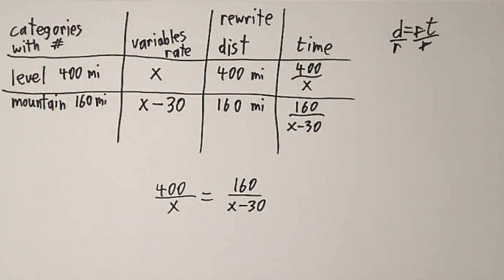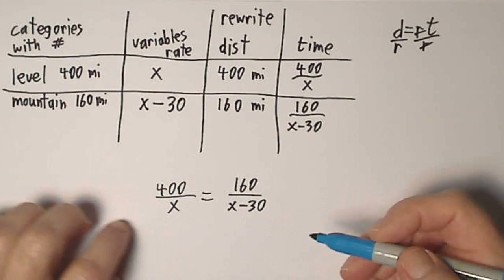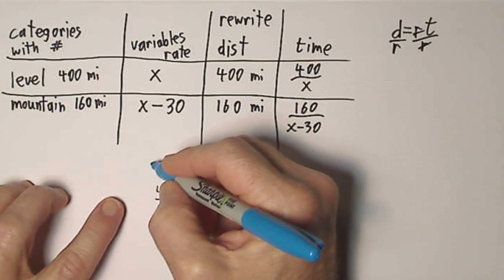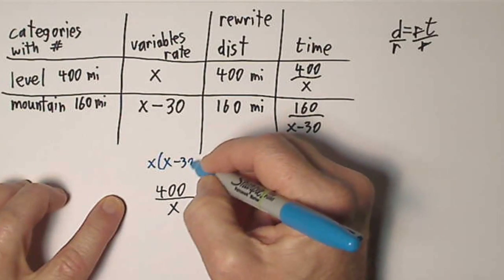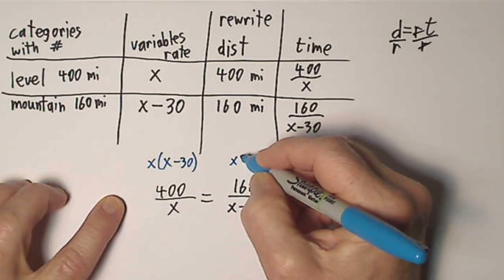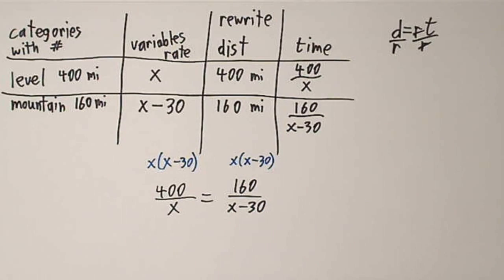And let's get rid of our fractions here. So we multiply each term on each side by the product of the denominators. X times x minus 30 and x times x minus 30, and we cancel whatever we can.